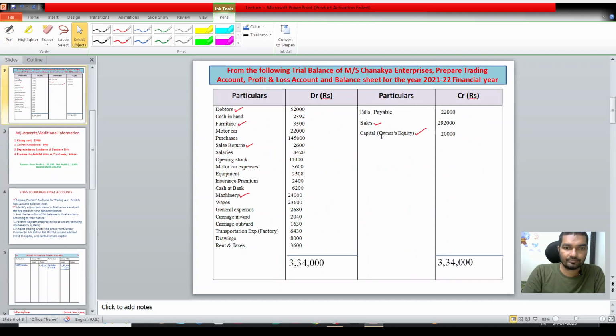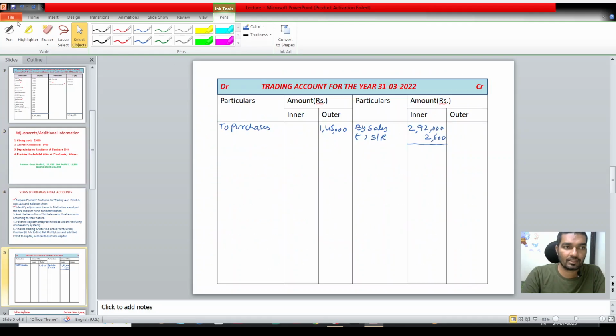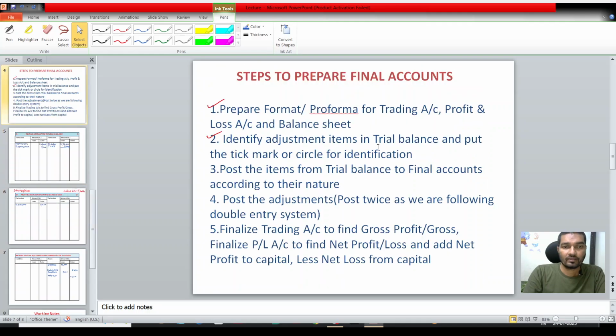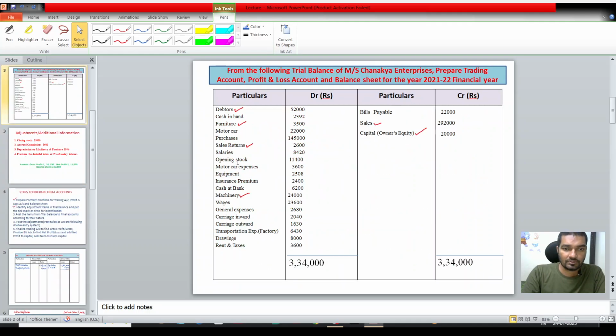And next one, opening stock is always trading account debit side, 11,400. Opening stock, there is no adjustment for opening stock, directly we can show in the outer column. Next one, motor car expenses.